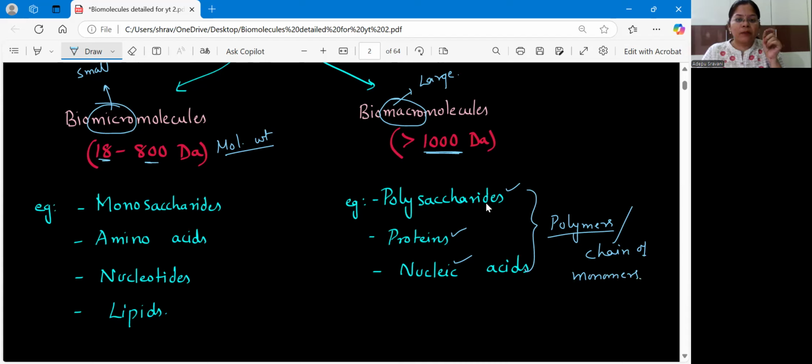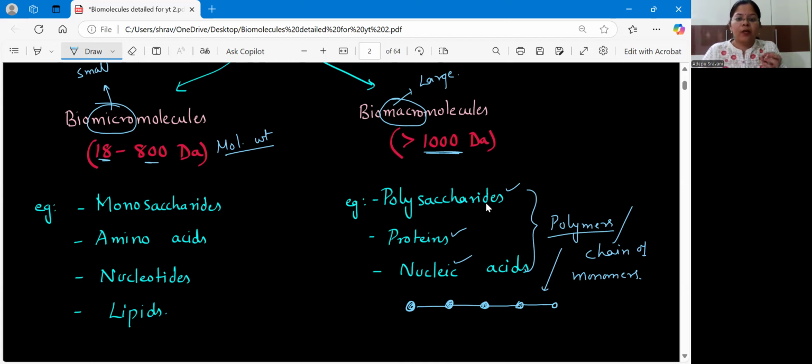So all the polymers which are formed by the chain of monomers form your biomacromolecules because the size of this molecule will be very, very big. If this is your monomers, so we have so many monomers joined with certain bonds to form your polymers. So these polymers will be macro, they will be larger in size. Hence, they are considered as biomacromolecules.